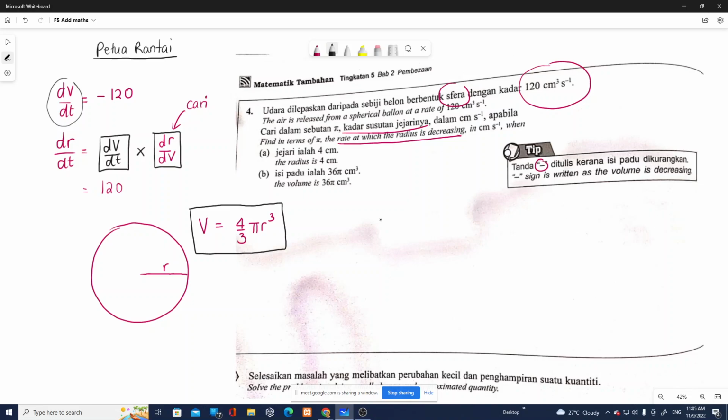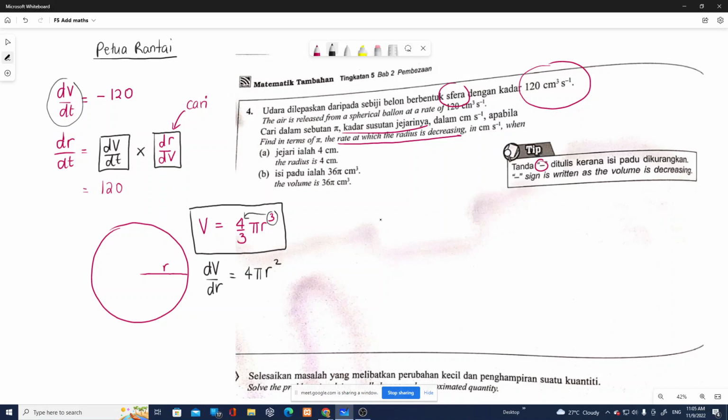Okay. So kita boleh cari dV per dr. Dan bila kita bezakan, 3 ke depan, darab 4/3 dapat 4 pi r, 3 kurang 1 jadi 2.